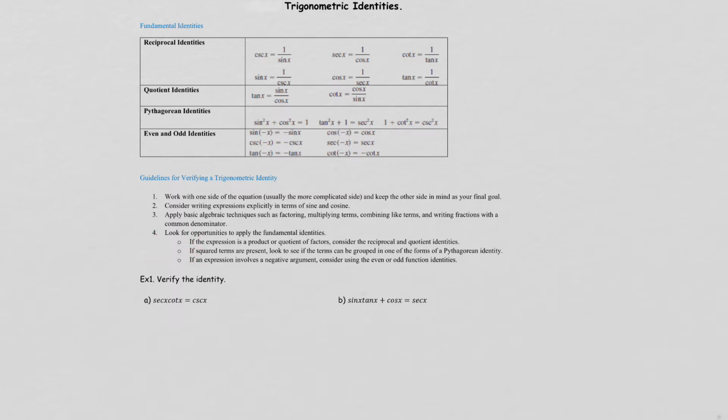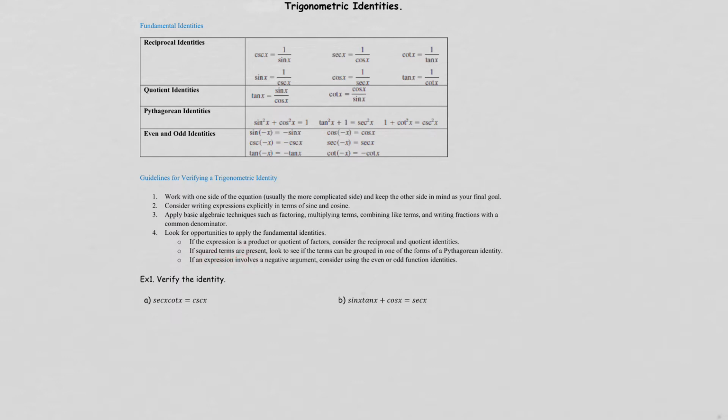And then you also want to do step 4, which means trying to apply fundamental identities, trying to apply any of these identities to see if you can go from one point to the other point. When you are using identities, you could consider these three points. If the expression is a product or quotient of factors, consider reciprocal or quotient identities.